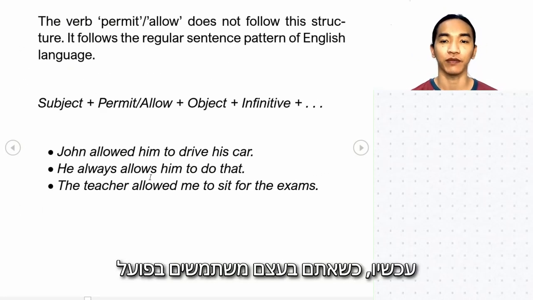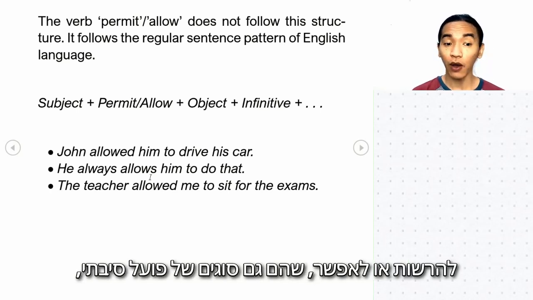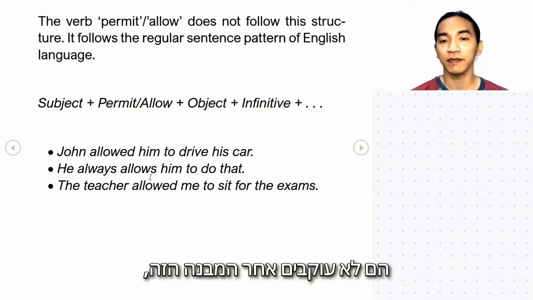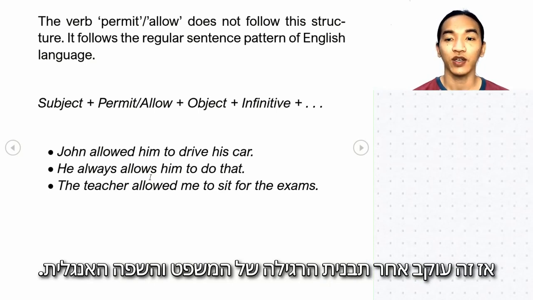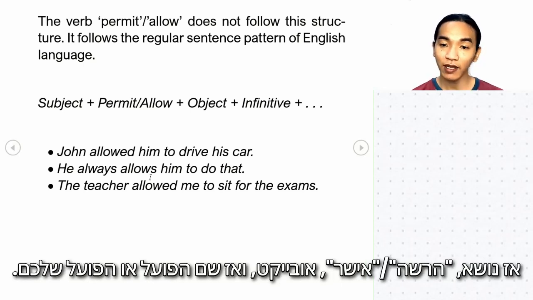Now, when you are actually using the verb permit or allow, which are also kinds of causative verbs, they do not follow this structure. It follows the regular sentence pattern in the English language. So remember when you're using permit or allow: subject, permit or allow, object, and then your infinitive, or the to-infinitive verb.